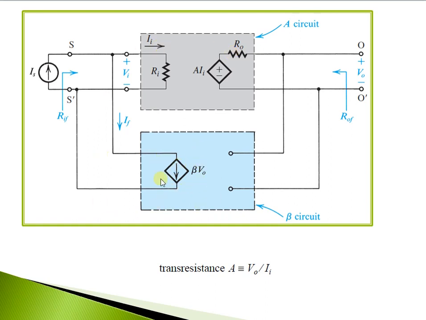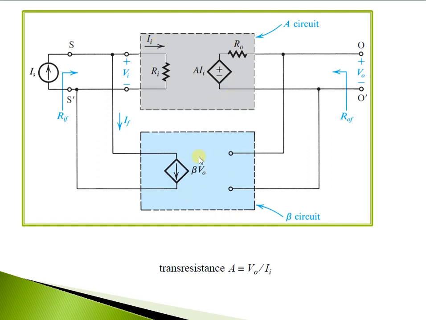The beta circuit samples the open circuit output, that is Vout, and provides a feedback current If. At the input node, we have the source current Is minus If, which will be equal to Ii.